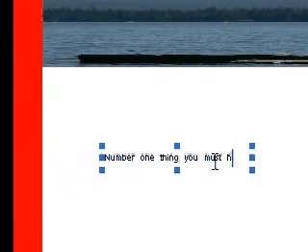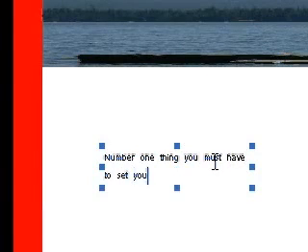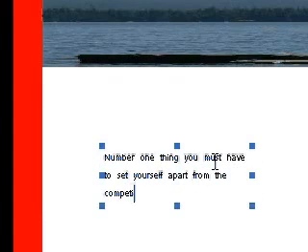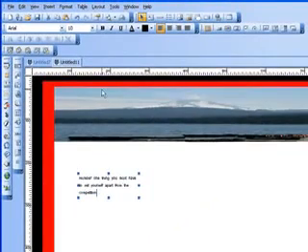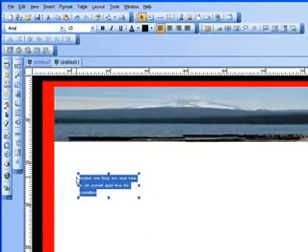Let's see, what is the number one thing you must have to set yourself apart from the competition? I mean, let's face it, folks, there's a gazillion websites out there, so there's some tricks to this whole thing.